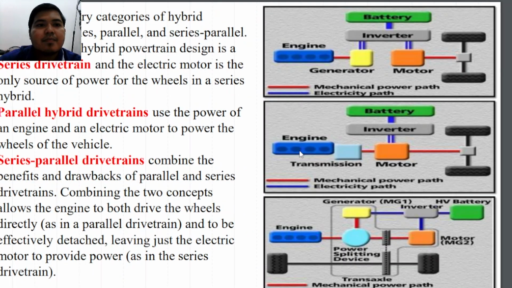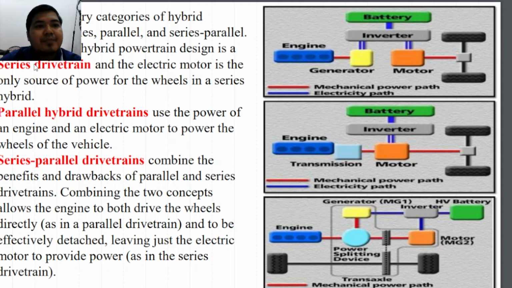So next, hybrid vehicle consists of three types: first, series drivetrain, second, parallel hybrid drivetrain, and third, series parallel drivetrain. So these are the different types of hybrid.